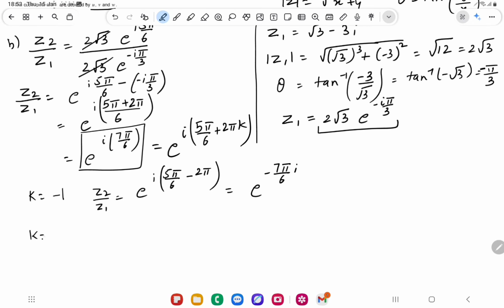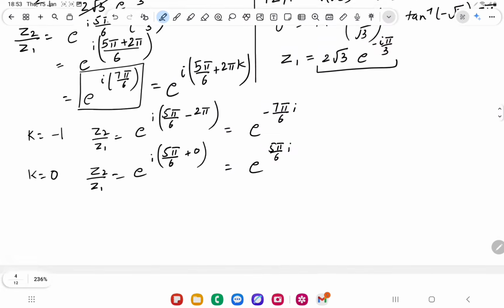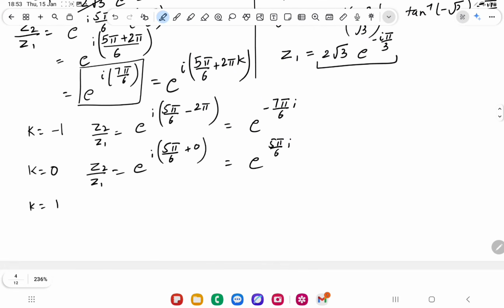Now if I take k value as 0, z2 by z1 becomes e to the power i 5 pi by 6 plus 0, which is nothing but 5 pi by 6. And now if I put k value as 1, z2 by z1 becomes e to the power i 5 pi by 6 plus 2 pi, which on simplification will become 17 pi by 6.